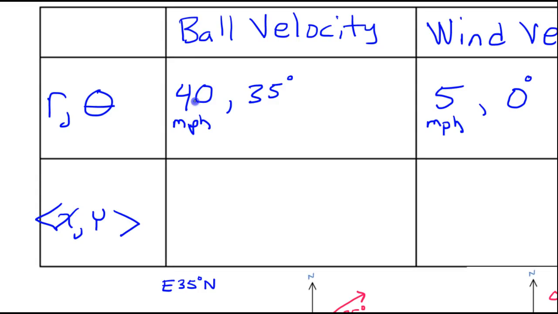So if I do r cosine theta, I am talking about 40 cosine 35. If I do r sine theta, that is 40 sine 35. This will give me the component form.